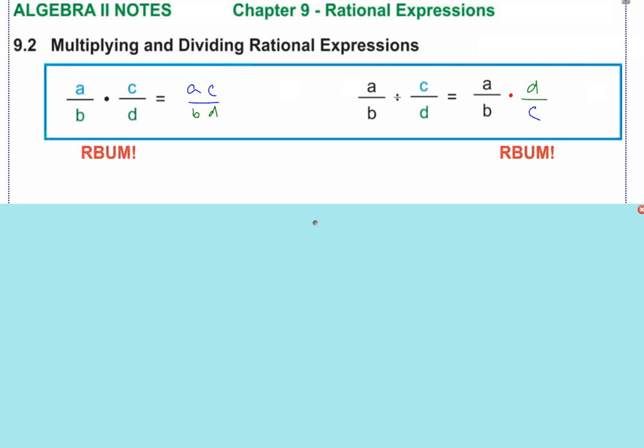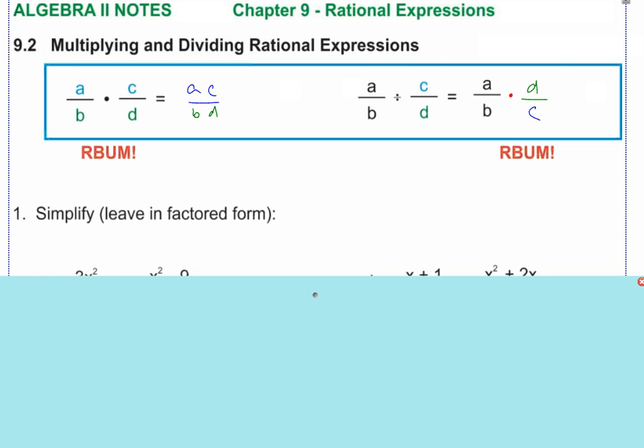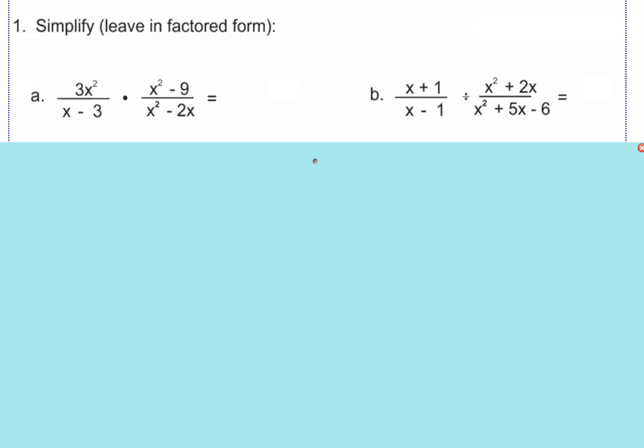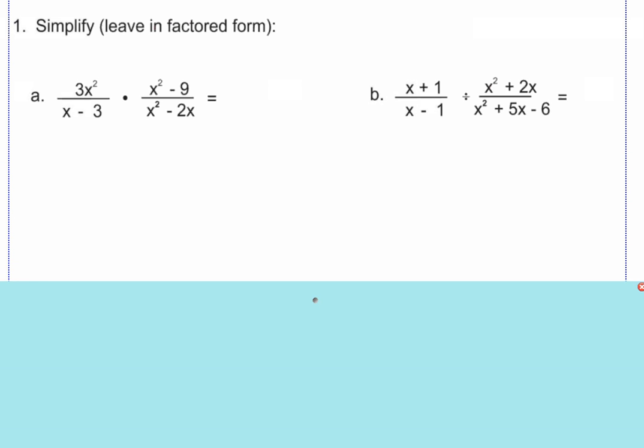Now we got to deal with polynomials in the midst, which means we got to factor, but that's all we're doing. So let's go through a couple situations. I'll try to build a progression to get us where we need to go. All right, so the first scenario is just straight multiplication, right? Okay, so just like the other day when I said be careful that you don't cross off the wrong things.